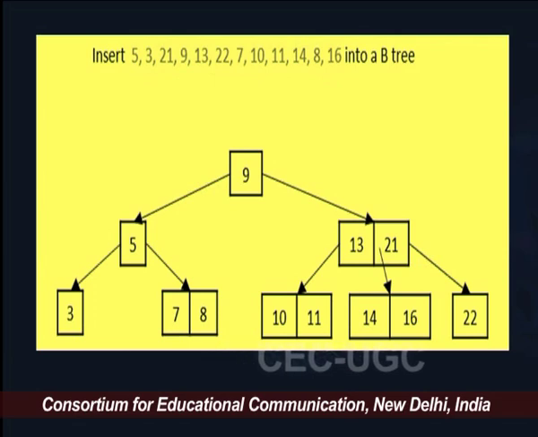So, this is going to be the situation. We have 9, on the left side we have 5, then on the right side we have 13 and 21. We could have taken 16 also, and on the right side we could have taken 21 and 22. That is also a kind of finding the median value if it is an even order.